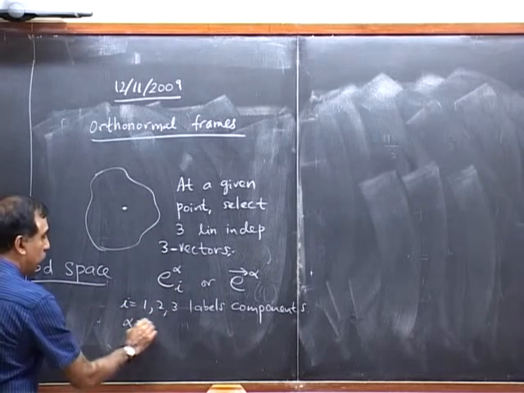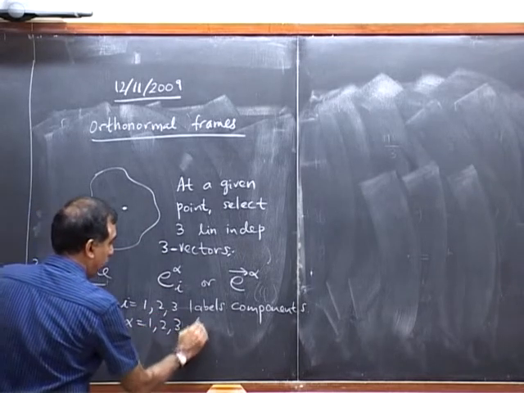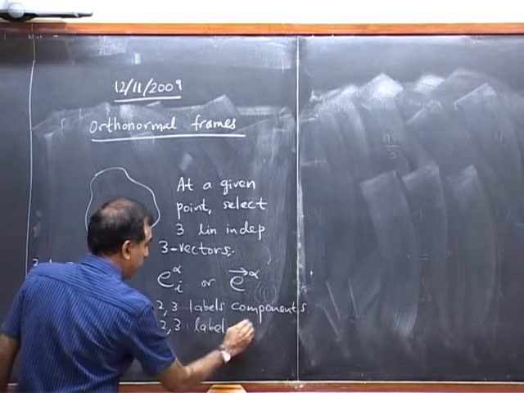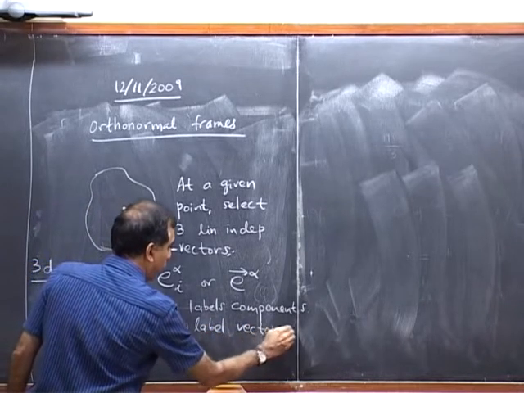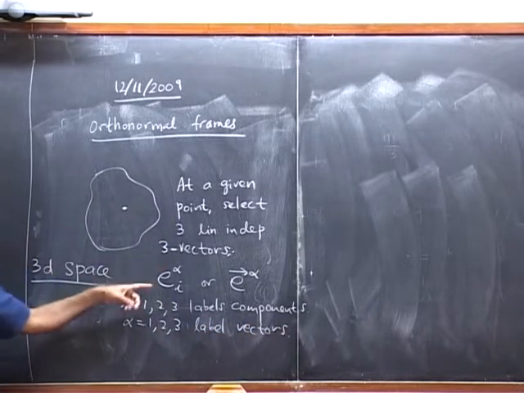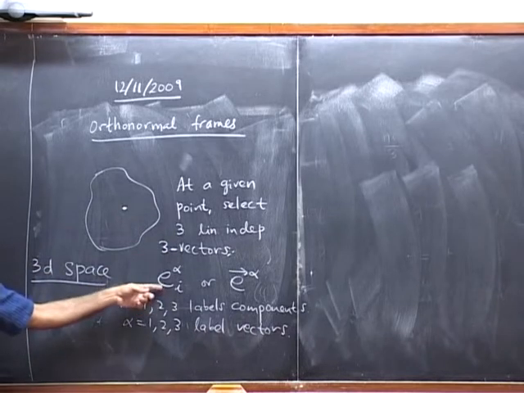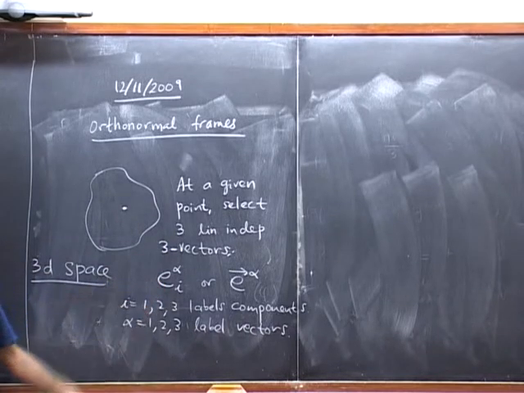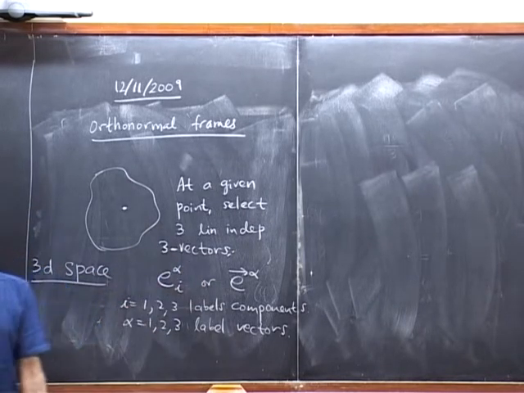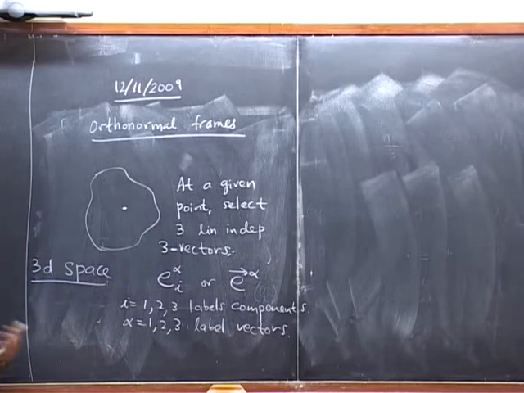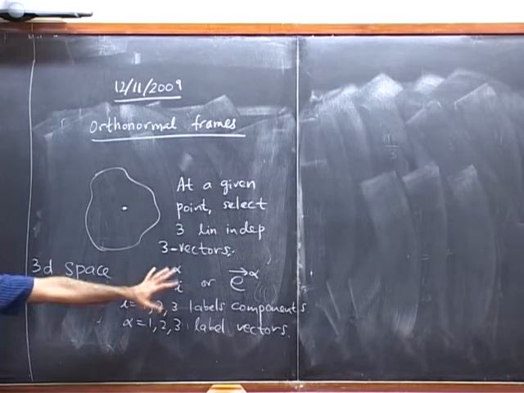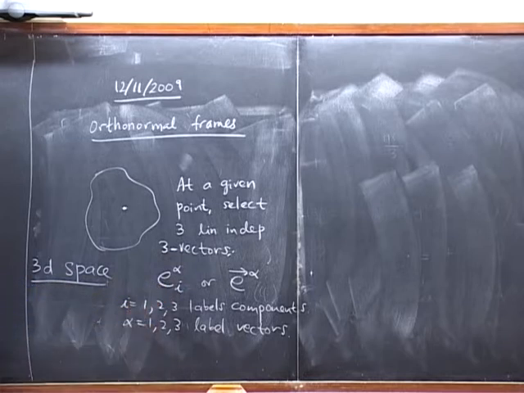But alpha equals 1, 2, 3 label 3 different vectors. Is this point clear what I mean by 3 independent 3 vectors? Yeah. So let's choose these to form a basis. If they are linearly independent, they form a basis, which means I can refer any calculation to this basis if I like. Okay. Yes.